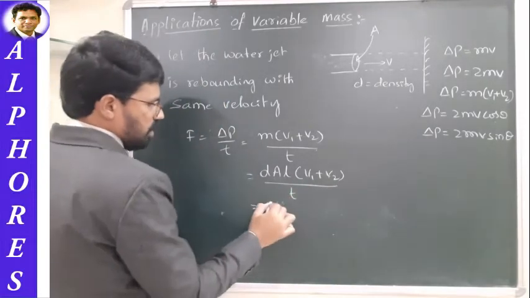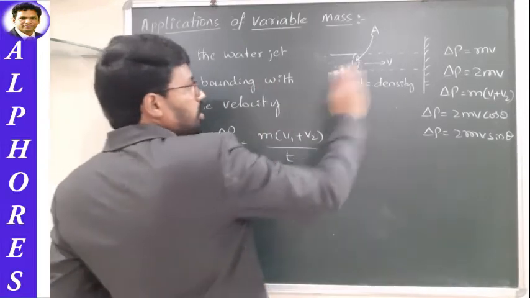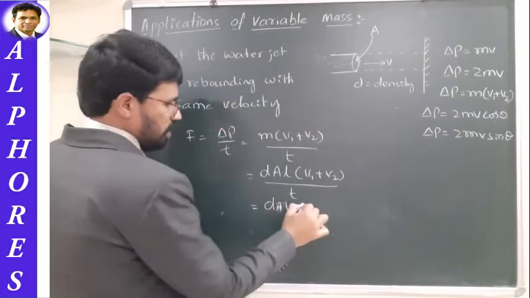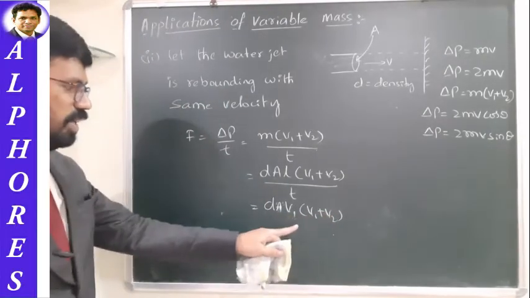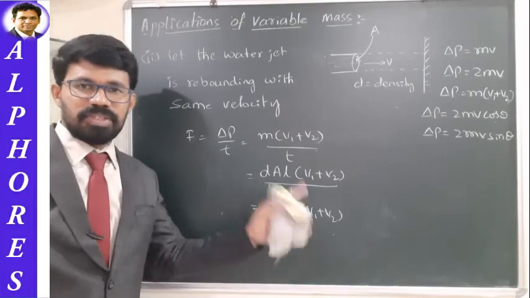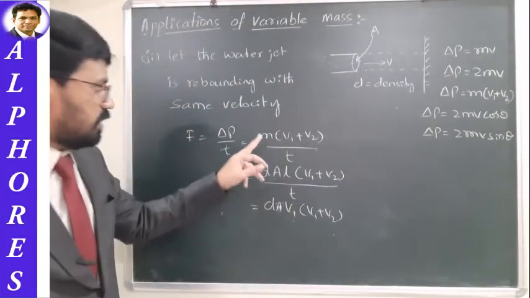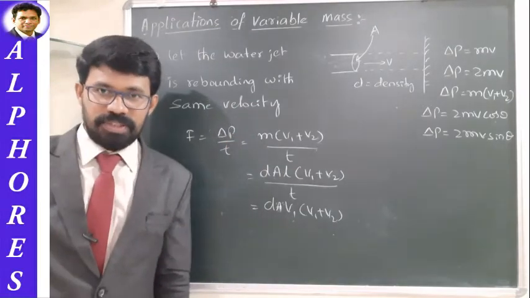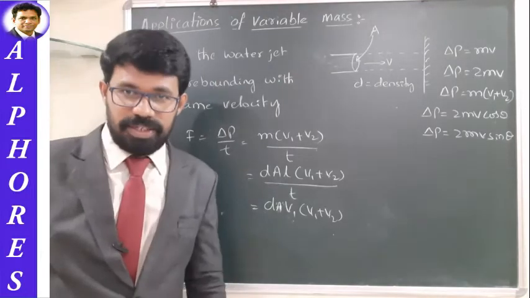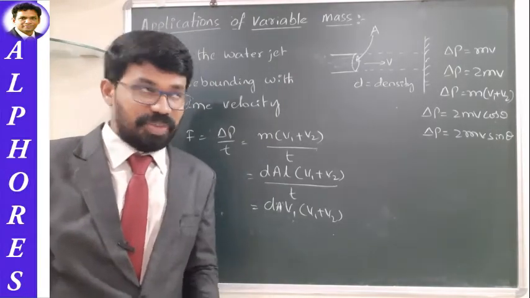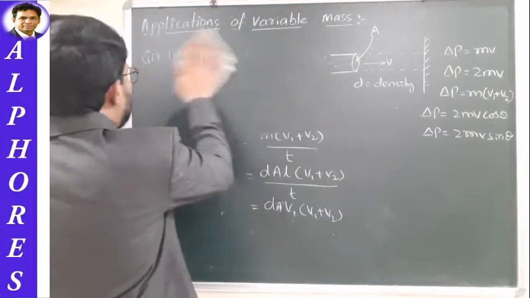Or this can be written as dA L by t, the initial velocity with which it is striking the wall, v1, into (v1 plus v2). If both are the same, you will have 2v1 and again obtain 2 dA v1 square. Similarly, in these two cases you can replace delta p with the change in momentum. That's how change in momentum connected with this water jet can be handled. Let me talk about one more small case connected with variable mass.